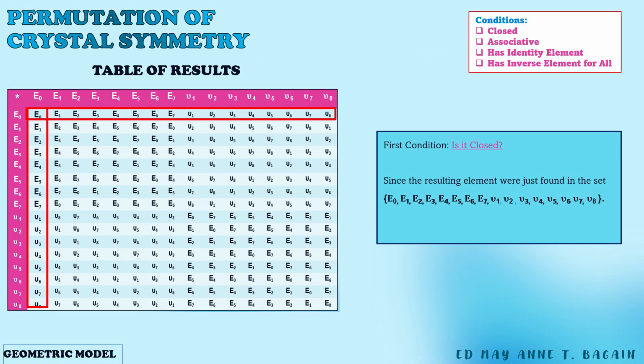Okay, now let's check. Is it closed? That would be the first condition. As we can see, the resulting elements were just found in the set E: epsilon sub 0, epsilon sub 1, epsilon sub 2, epsilon sub 3, epsilon sub 4, epsilon sub 5, epsilon sub 6, epsilon sub 7, and epsilon sub 8.